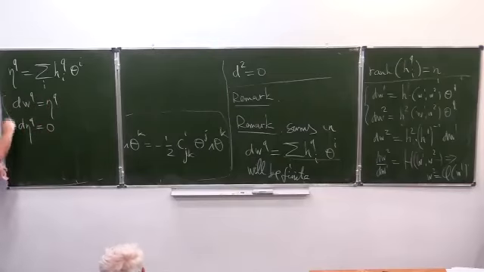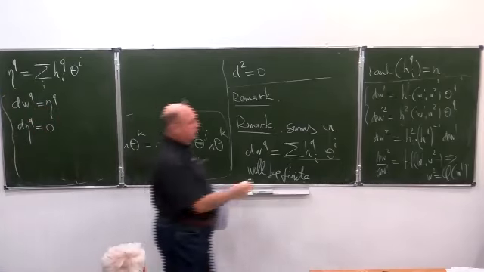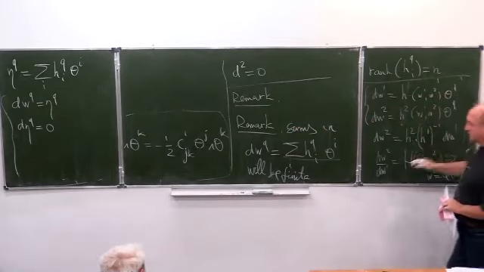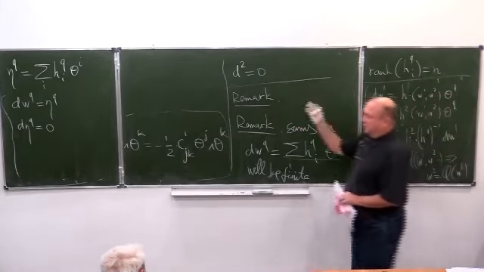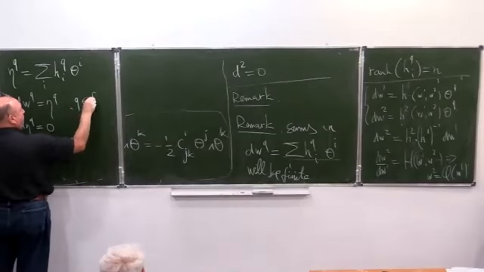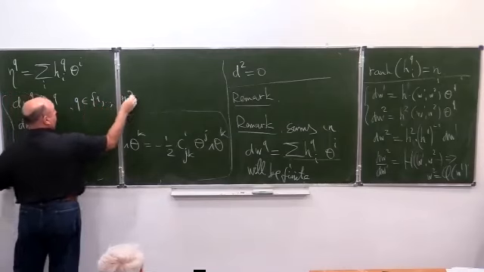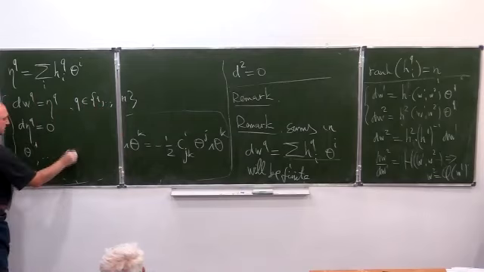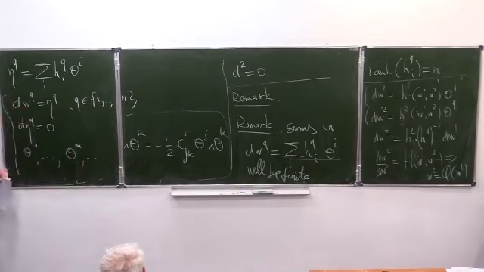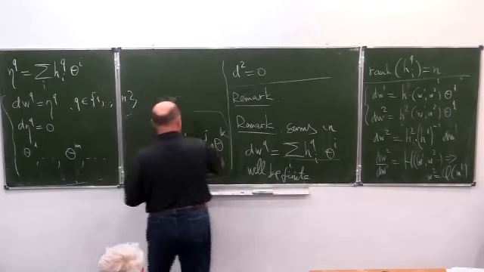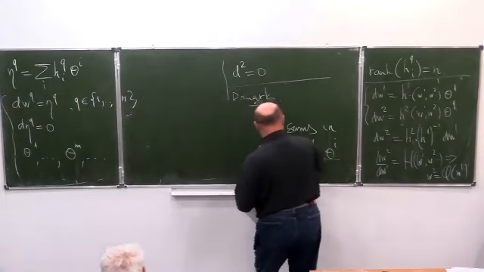So we rename the forms that are included in the right-hand sides of the anchor. We now call them eta, and all others will be theta again: theta 1, and so on, theta n. Then the structure equations can be written in the following form.